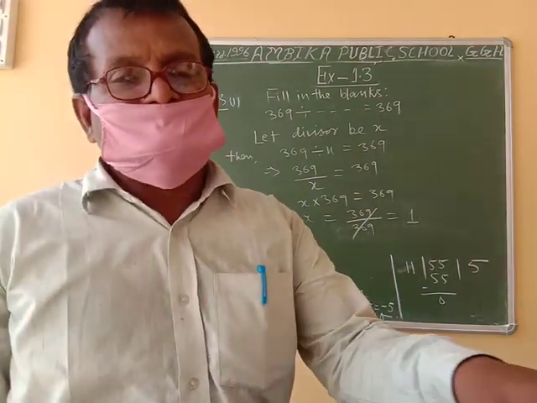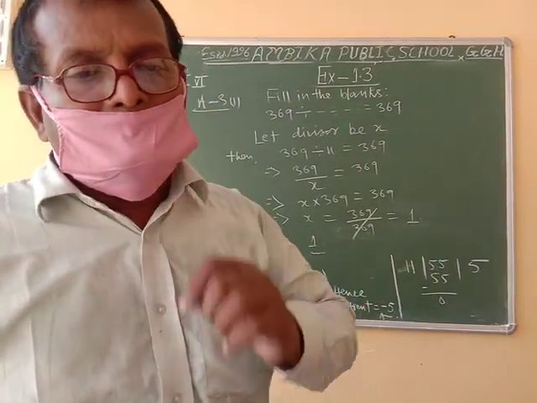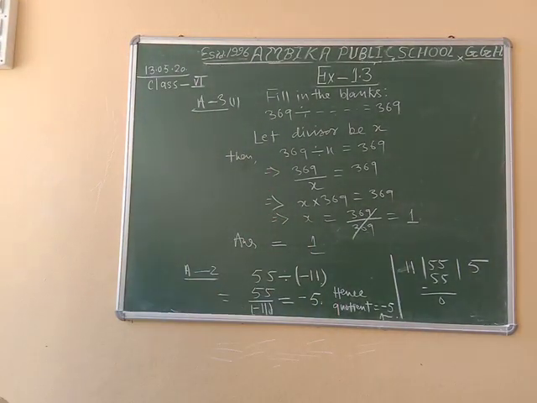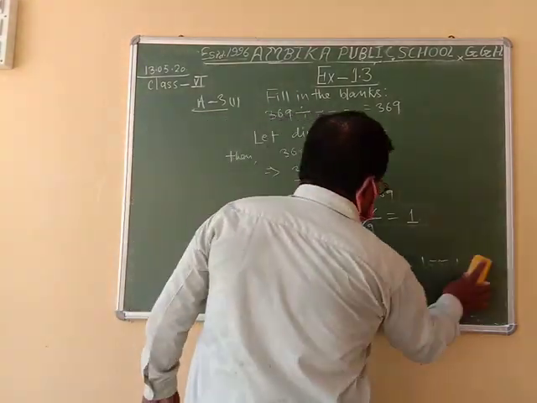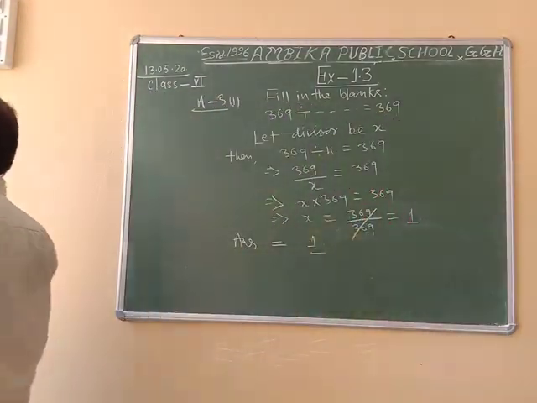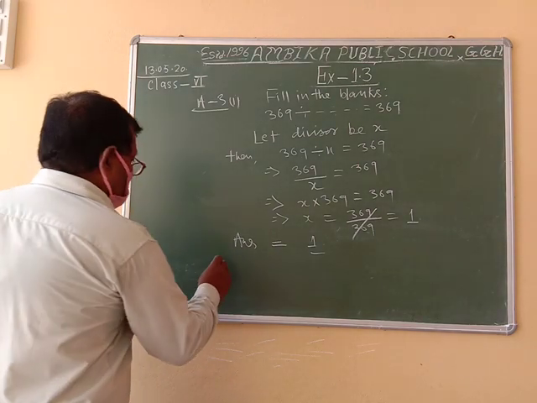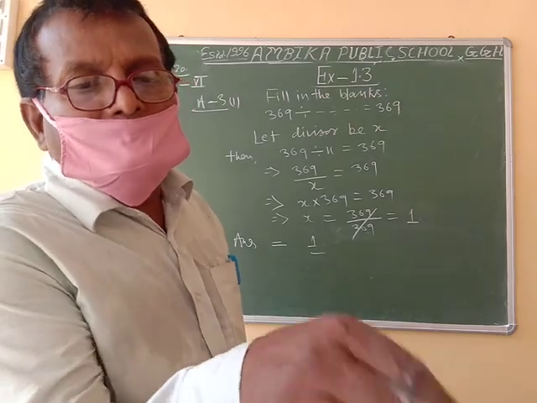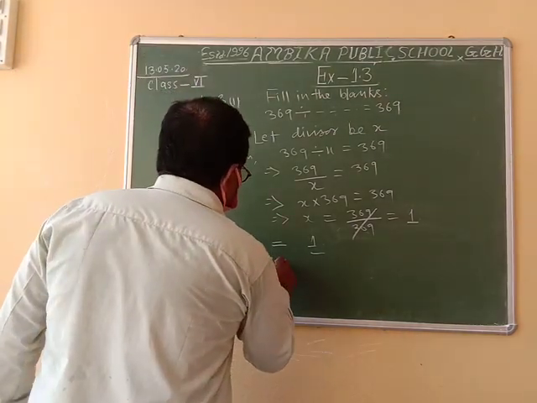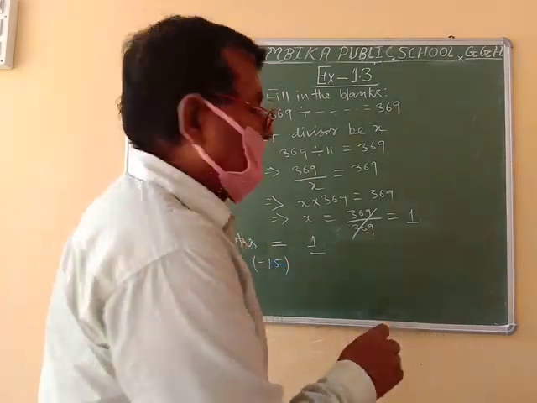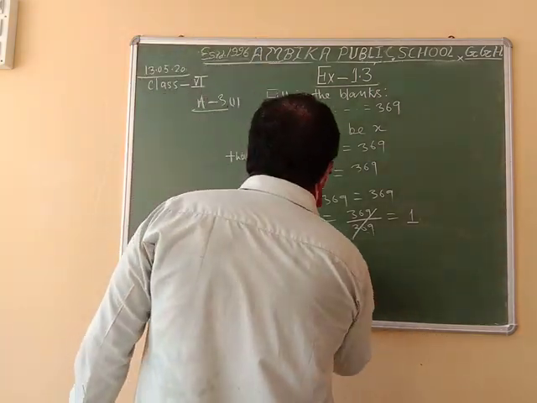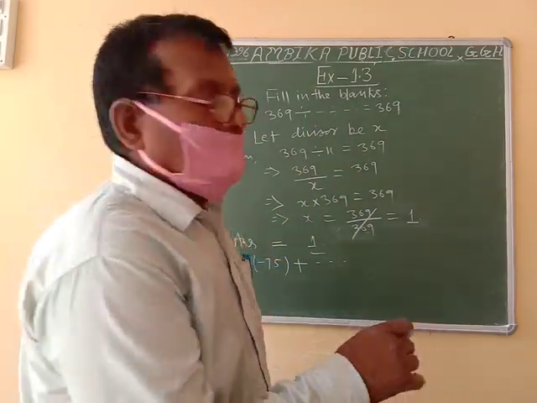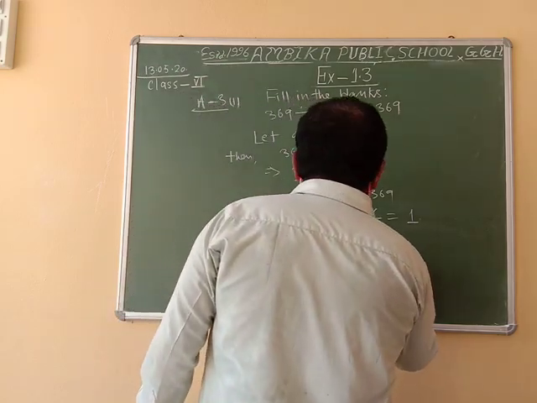In question number 2, minus 75 divided by blank is equal to minus 1.